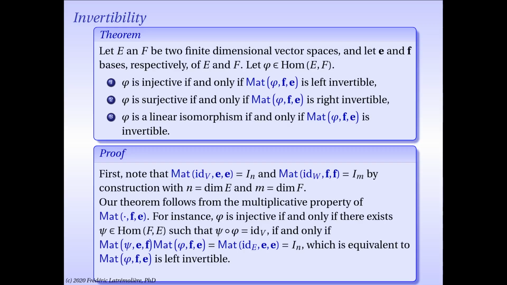Now, this is equivalent to the statement that the product of the matrix of psi in bold E and bold F times the matrix of phi in bold F and bold E, which is a matrix of psi composed with phi in bold E, that is, the matrix of the identity of E in the basis E, is the identity of size the dimension of the space E. By definition, this means that the matrix of phi in bold F and bold E is left invertible.